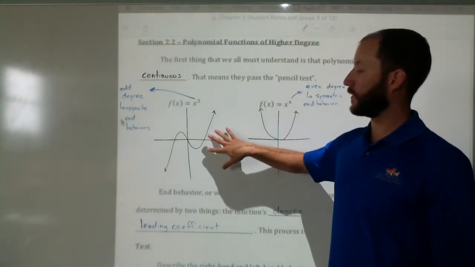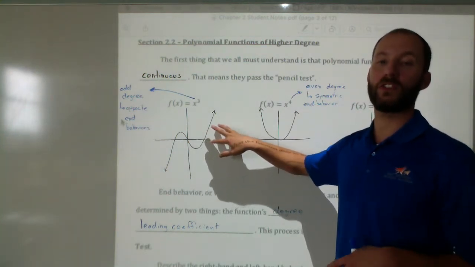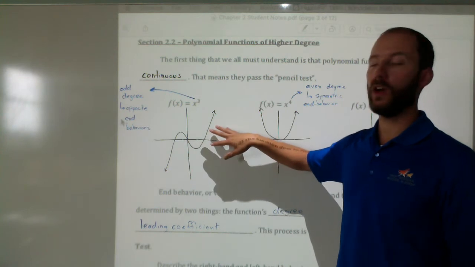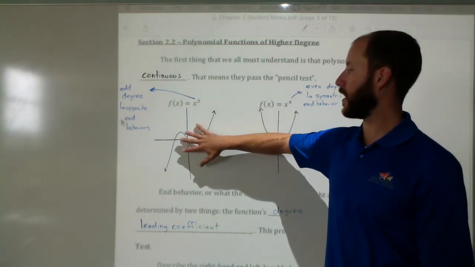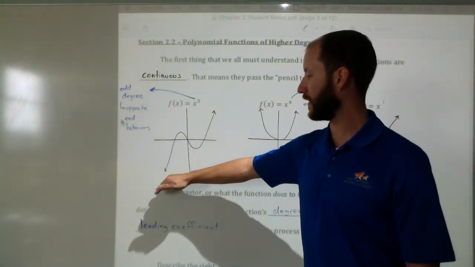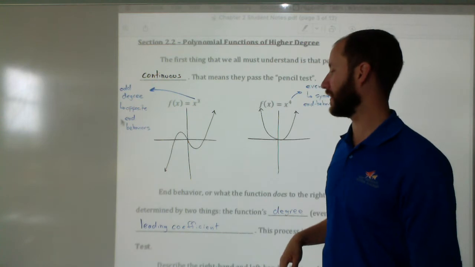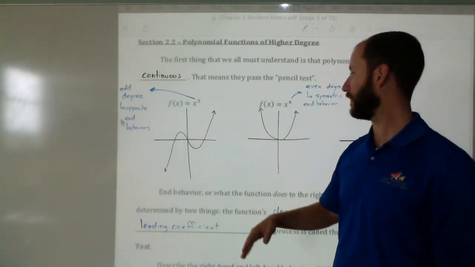If you think back to transformations of functions, the leading coefficient results in a reflection over the x-axis. So if you have a negative leading coefficient, all of this reverses itself. Behavior that was going down to the left would now be going up to the left. Behavior going up to the right would now be going down to the right.